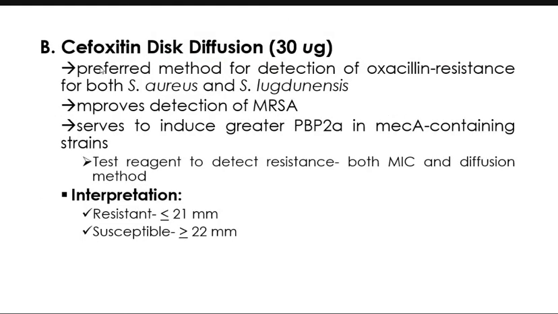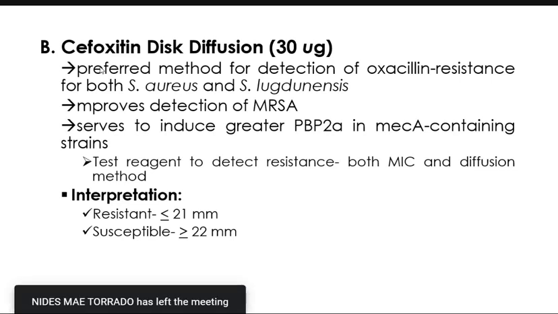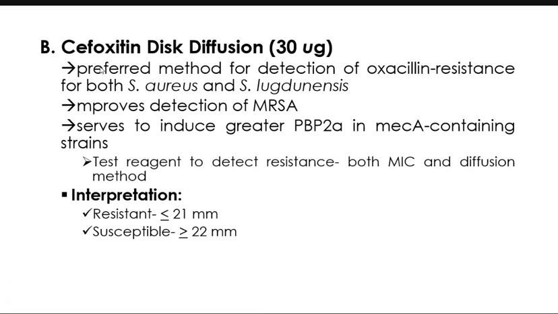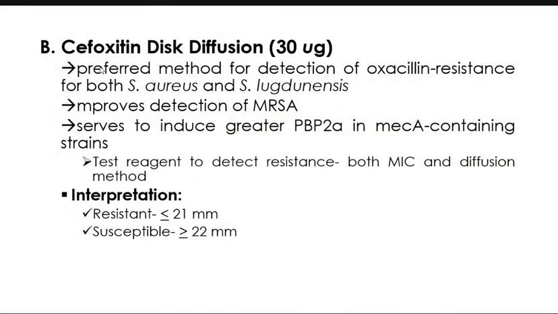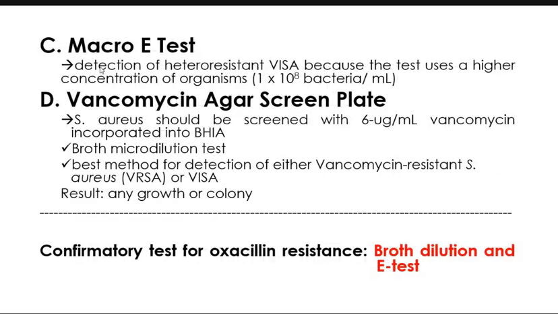Then the cefoxitin disc diffusion. This is the preferred method for detection of oxacillin resistance for both Staphylococcus aureus and Staphylococcus lugdunensis. So the interpretation, again, of course, is this diffusion. So resistant is less than or equal to 21 millimeters. Susceptible, greater than or equal to 22 millimeters.